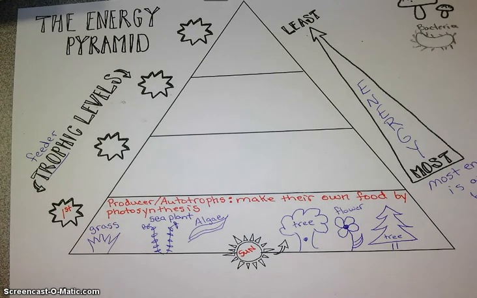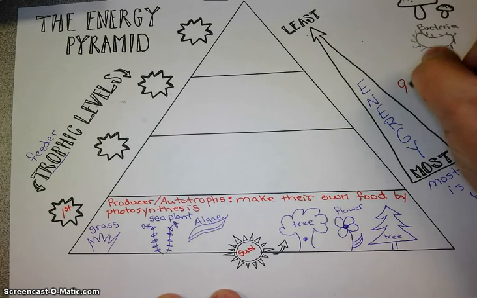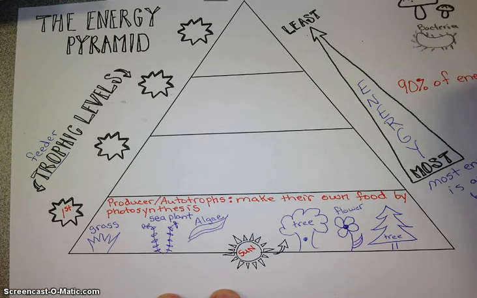And each time a change of trophic level happens, you end up losing part of the energy to heat. So 90% of energy is, some people will say, lost. That's not really true. It's transferred, or transformed even, into heat energy. Because energy can't be created or destroyed, it can only change forms.